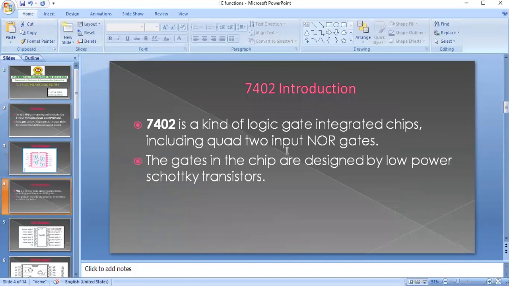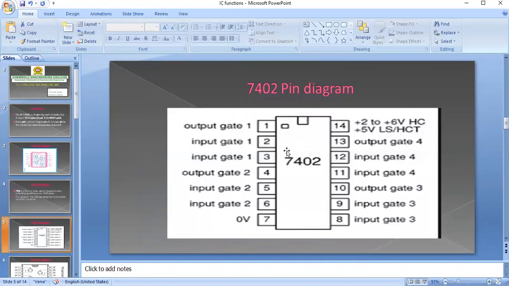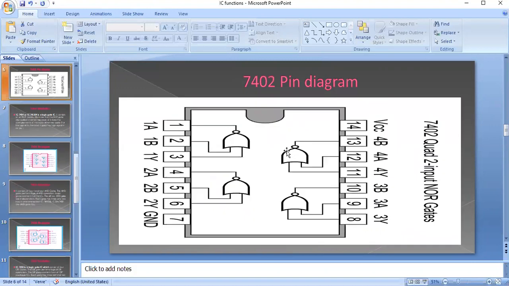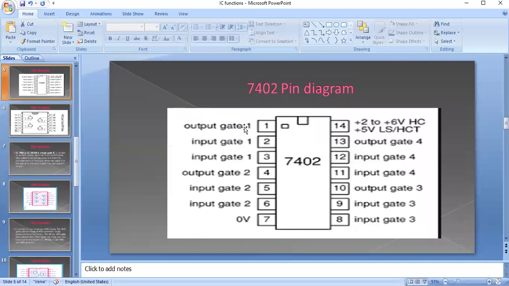Next, 7402. 7402 is a quad 2 input NOR gate. It is also a 14 pin dual inline package, with the 7th pin ground and the 14th pin supply. This is quite different compared to 7400. Here the first pin is the output pin and the next two pins are input pins.